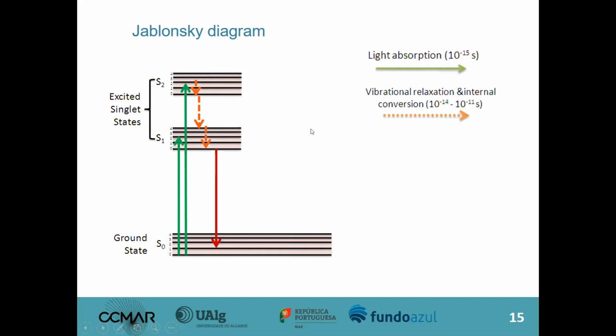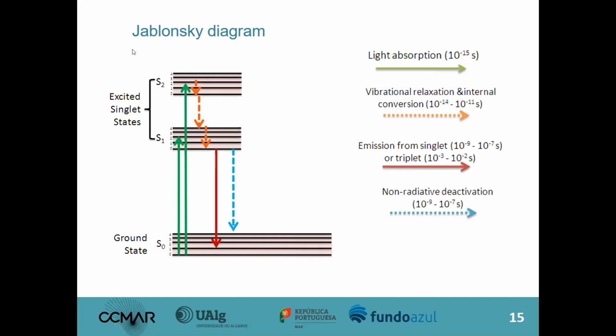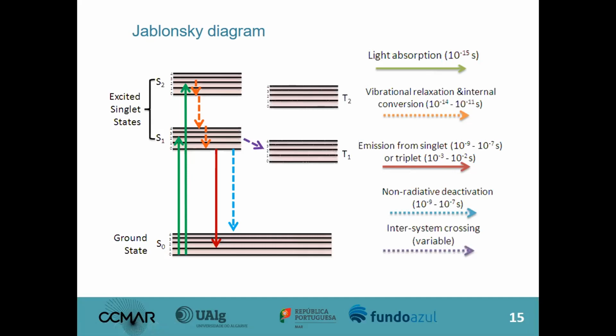There are other processes, non-radiative, taking place more or less in the same time scale as fluorescence. They take place in the nanosecond time scale. And also there are other competing processes like intersystem crossing that leads to other states and other processes.